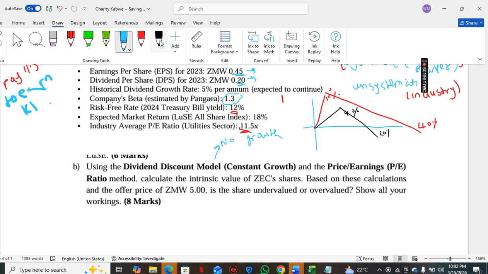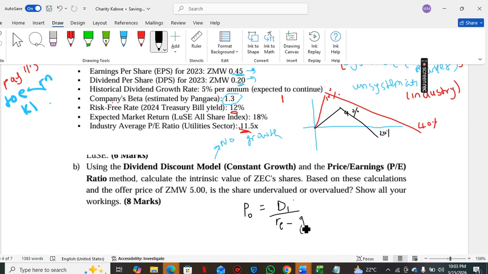The price of the share, the intrinsic value, how much the share should be sold for, is next year's dividend, D1, over the expected rate of return, RE, or sometimes you see it as cost of equity, KE, minus the growth rate.